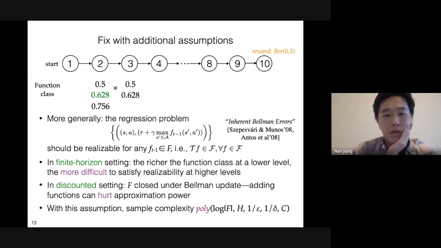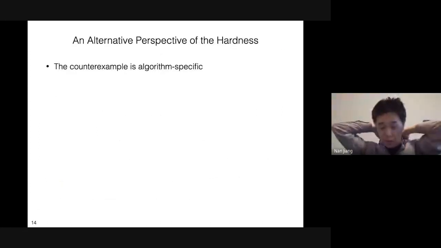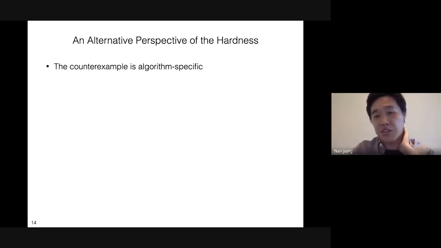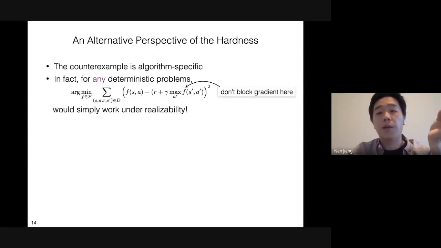Okay. So an alternative perspective on the hardness is that this previous counterexample is really algorithm specific. It's specific to algorithms based on bootstrap targets.